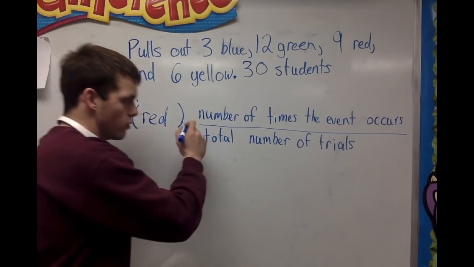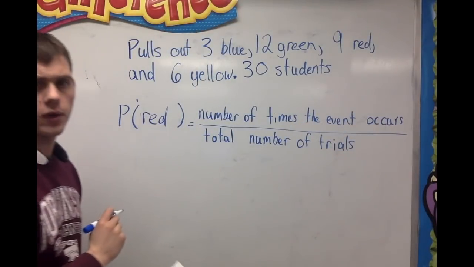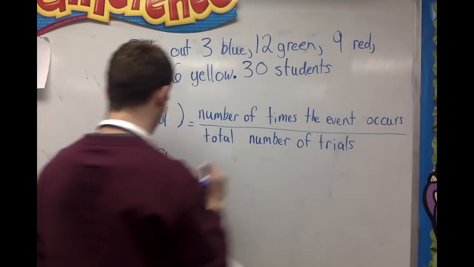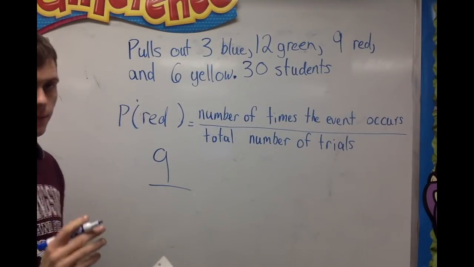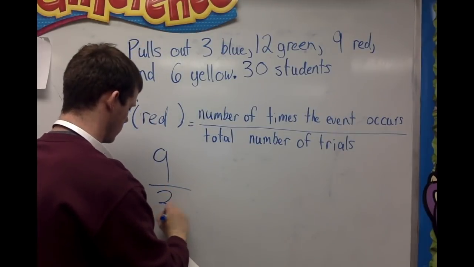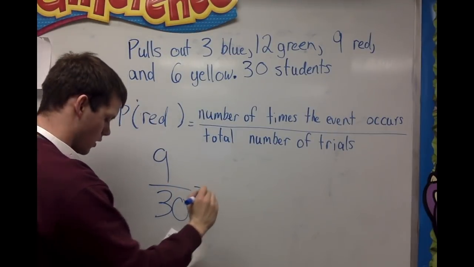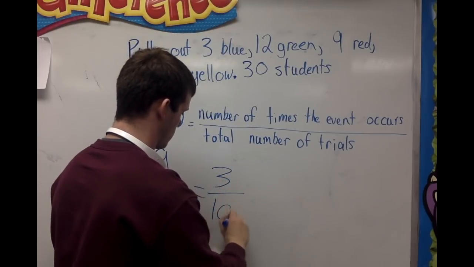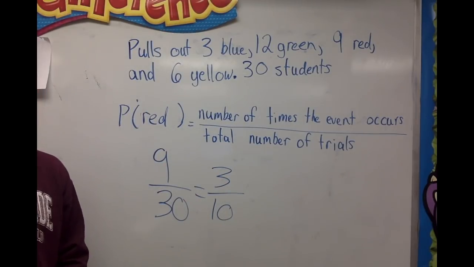So we ask ourselves, what was the number of times we pulled out a red marble? 9 times. Out of 30 tries. Which is then equal to 3/10.